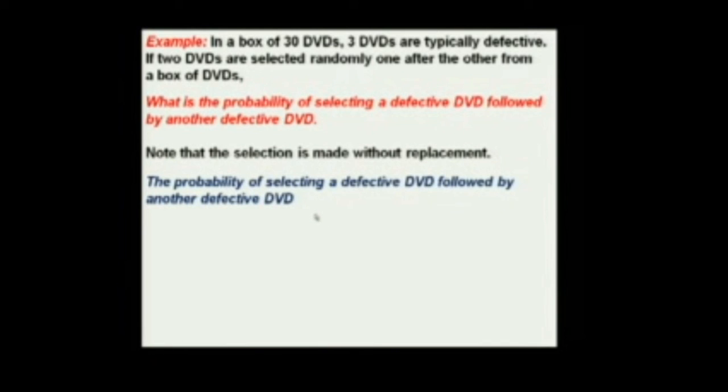Here is another example. In a box of 30 DVDs, 3 DVDs are typically defective. If 2 DVDs are selected randomly, one after the other, from a box of DVDs, what's the probability of selecting a defective DVD followed by another defective DVD? That's straightforward. We have 3 defective DVDs out of 30 altogether. We take 3 divided by 30. That will be the probability that the first DVD is defective.